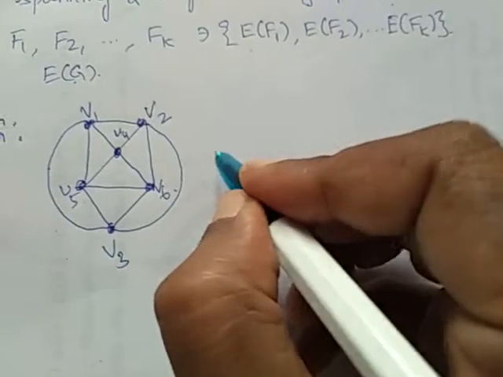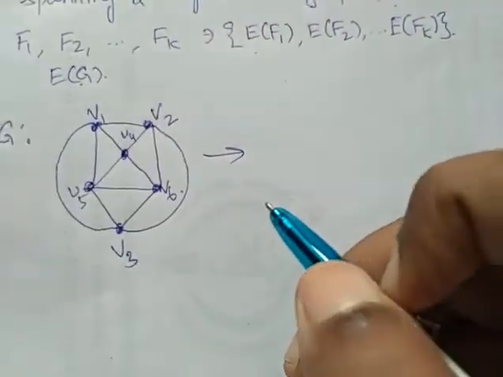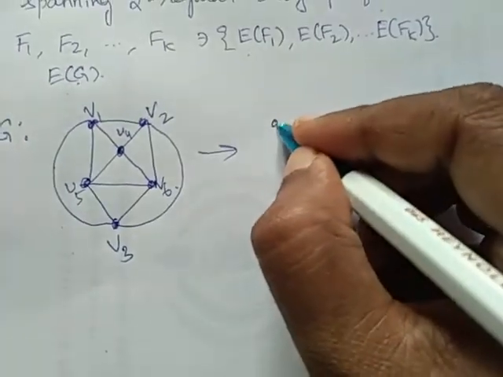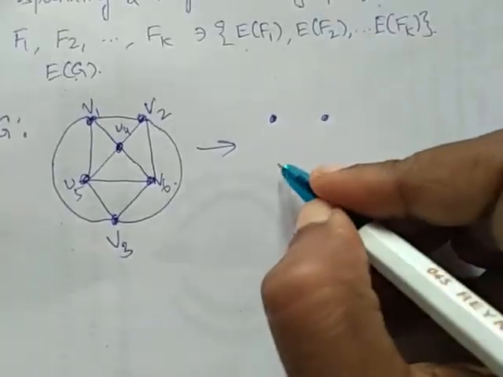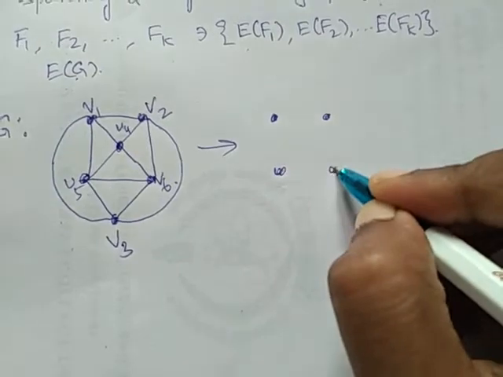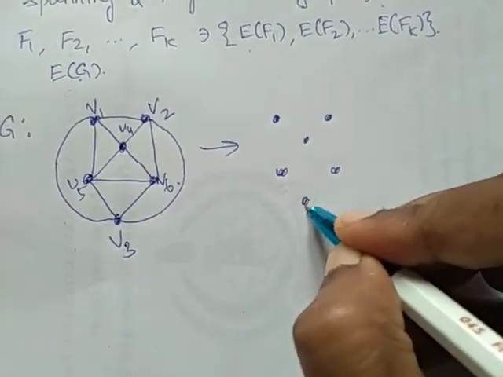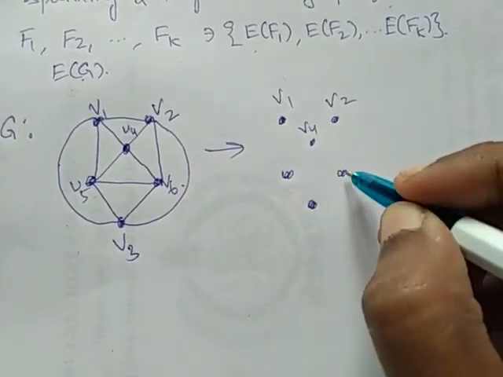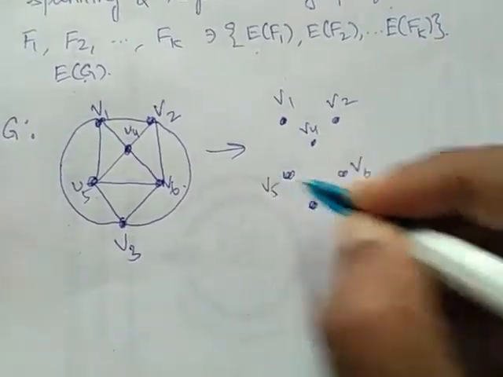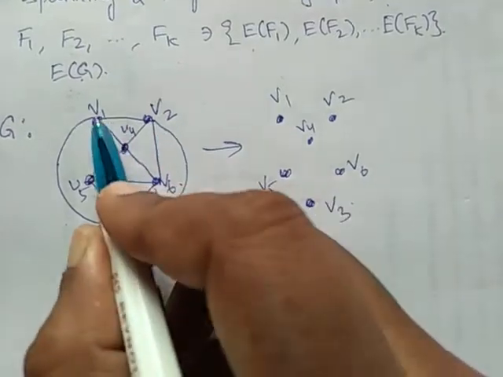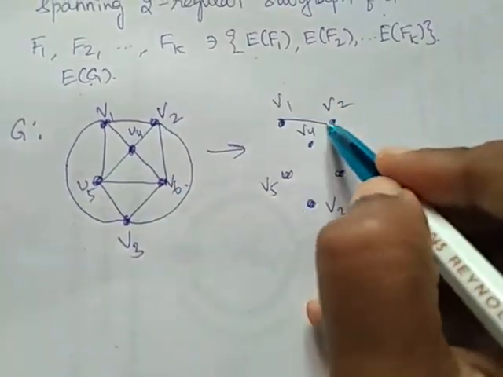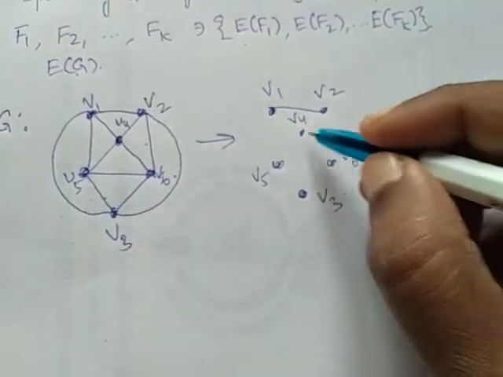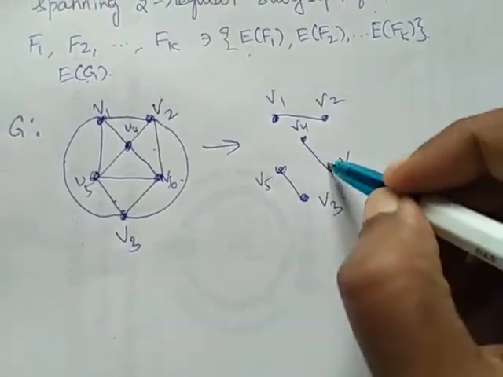So for this, if we write a one factor, each vertex should have degree 1. All the vertices should be present here also. So this should be V1, V2, V5, V6, V4, V3. This is V4, V6, V5, V3. So this edge exists. So I'll write these two edges, and I'll consider these two edges. So this is a one factor of G.